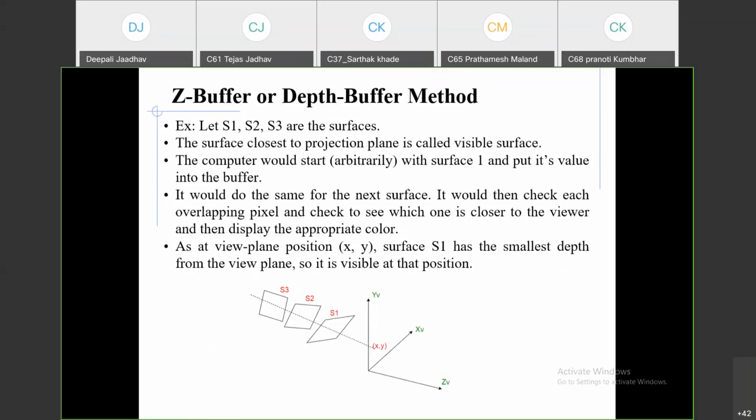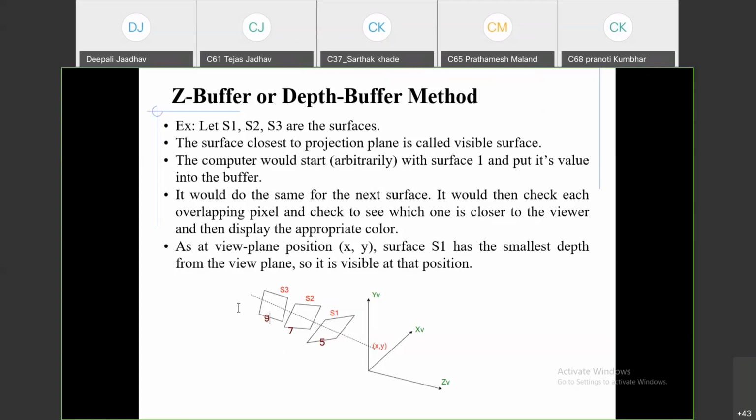The closest one: if one surface has Z value 5, another has Z value 7, and another has Z value 9, which is the closest? S1 is the closest. So its color, the polygon or surface color, is stored in the frame buffer.